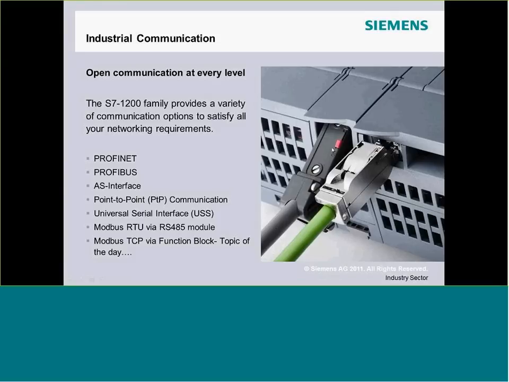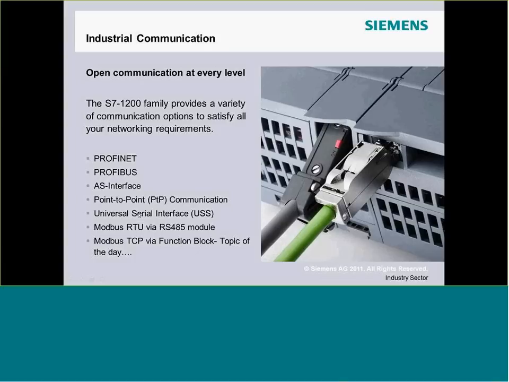On the left side, the gray cable with the black connector is a Profibus connection, which is the number one field bus in the world. It's an RS-485-based serial communication protocol, and it allows us to connect to several other third-party and Siemens devices and bring them in in a real-time format. We also have a couple of other interfaces available on the PLC, called the ASI interface, which is two-wire power and communication signal at the same time, a kind of little network.